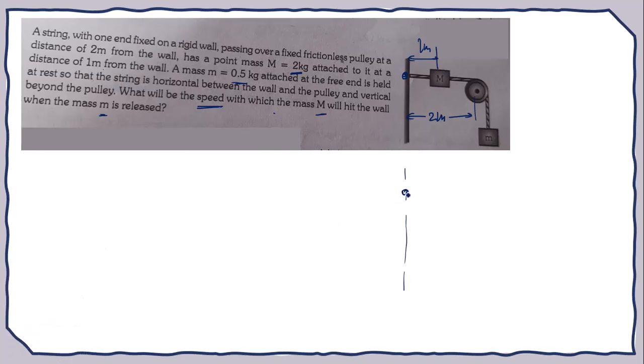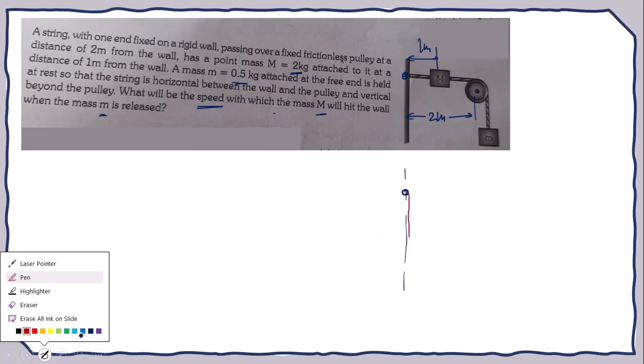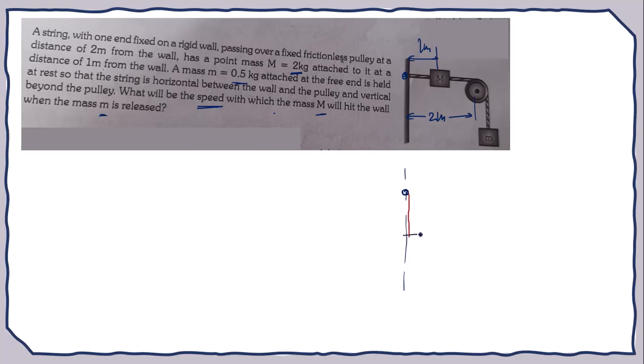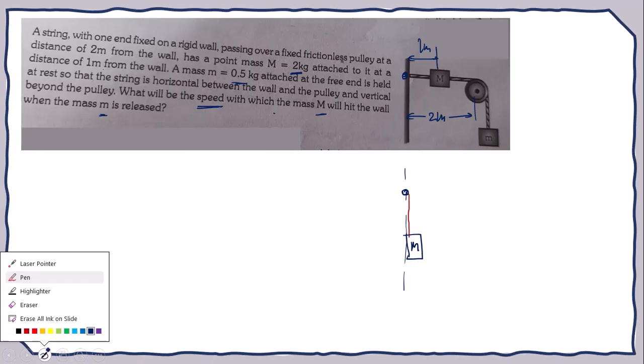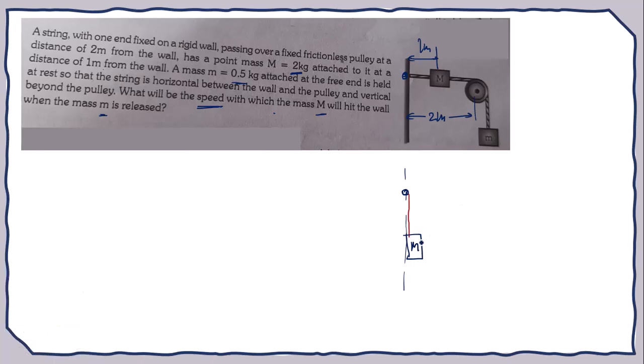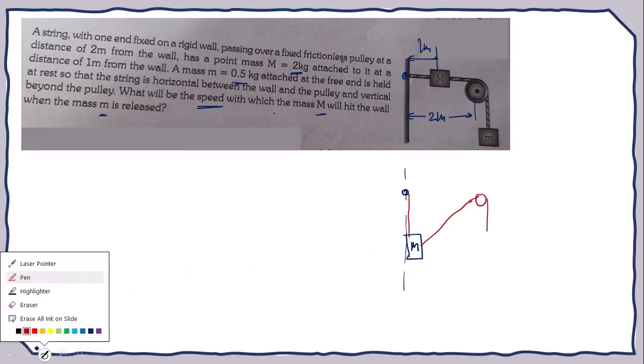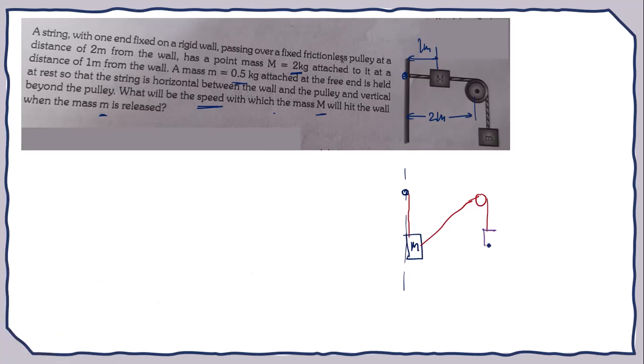This is one part of the rope, where the block M is hitting the wall. Another part of the rope goes this way, passing over the pulley and going to the other mass, small m. That is the situation.